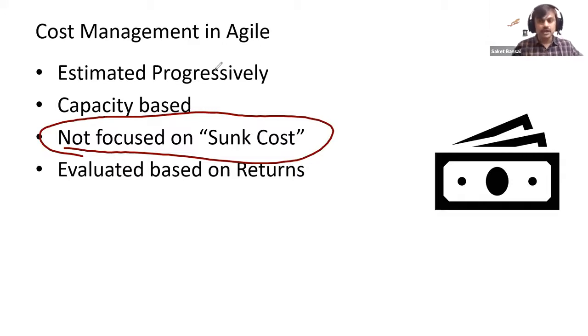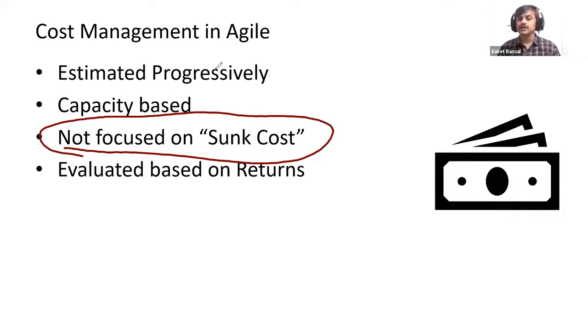We are standing now, we have already spent something, yes, but as of now, I have $5 million in my pocket. How can I make the maximum out of it? I have invested somewhere, but that doesn't matter. What matters is how to make the maximum out of it.